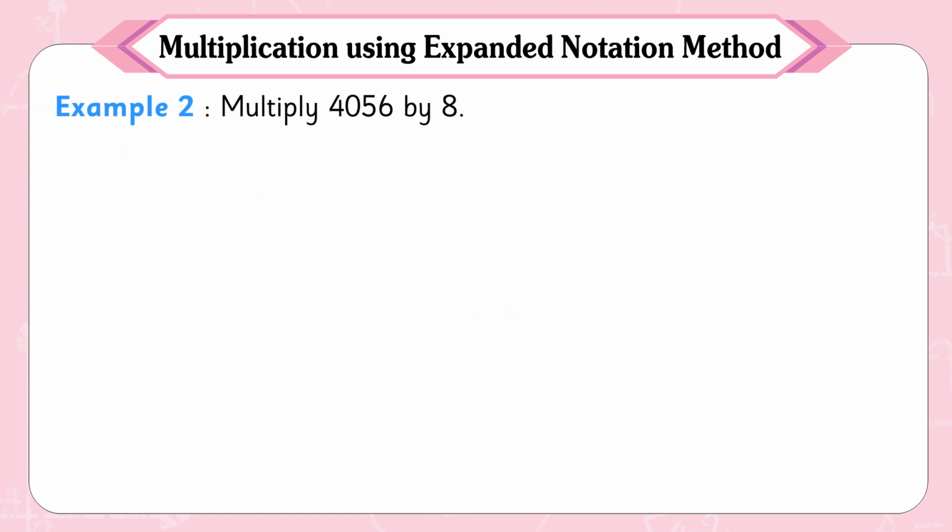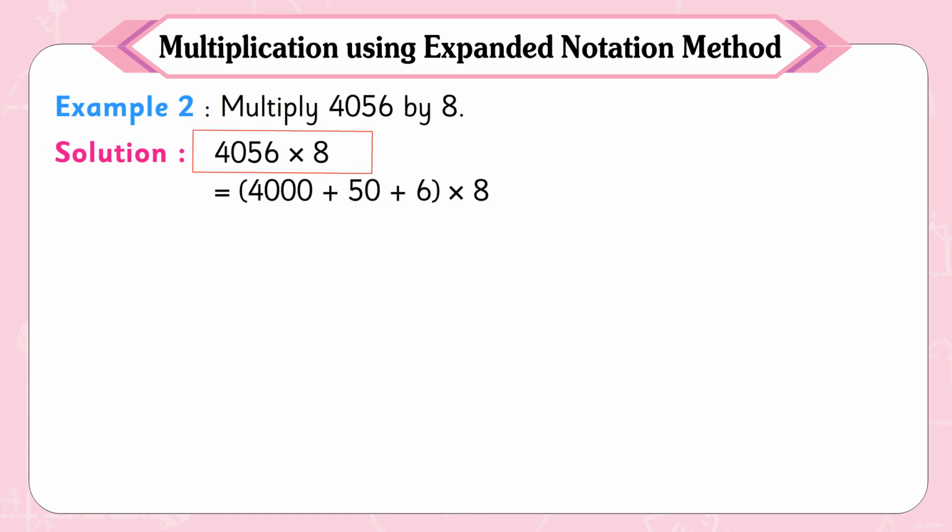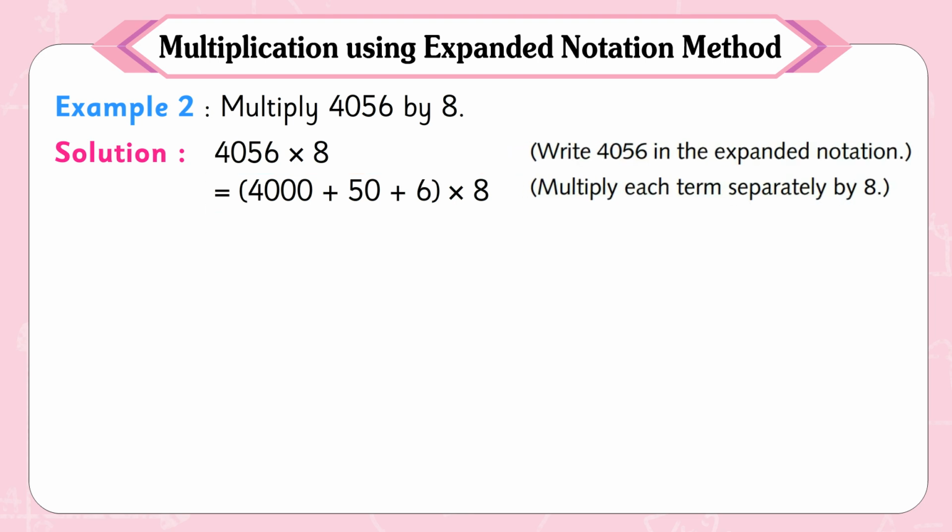Example 2. Multiply 4056 by 8. Solution: 4056 into 8 is equal to 4000 plus 50 plus 6 into 8. Write 4056 in the expanded notation.